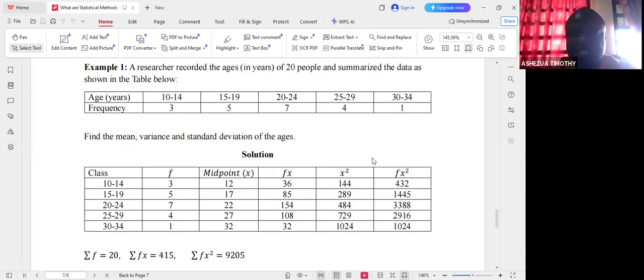So this is the frequency. We have 3, we have 5, we have 7, we have 4, we have 1. So the frequencies are outlined here. Midpoint X. The midpoint is what I'm calling X. Maybe subsequently I will just call it X. Now, how do we get these midpoints here?